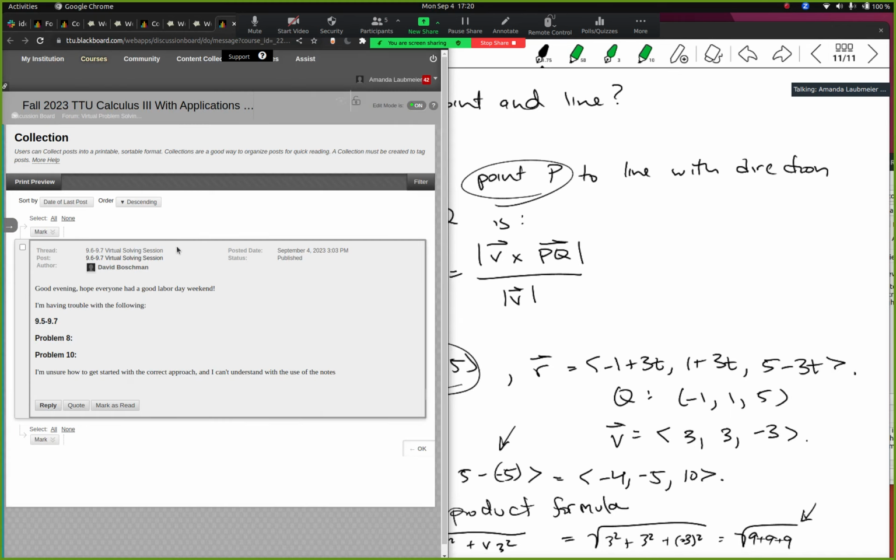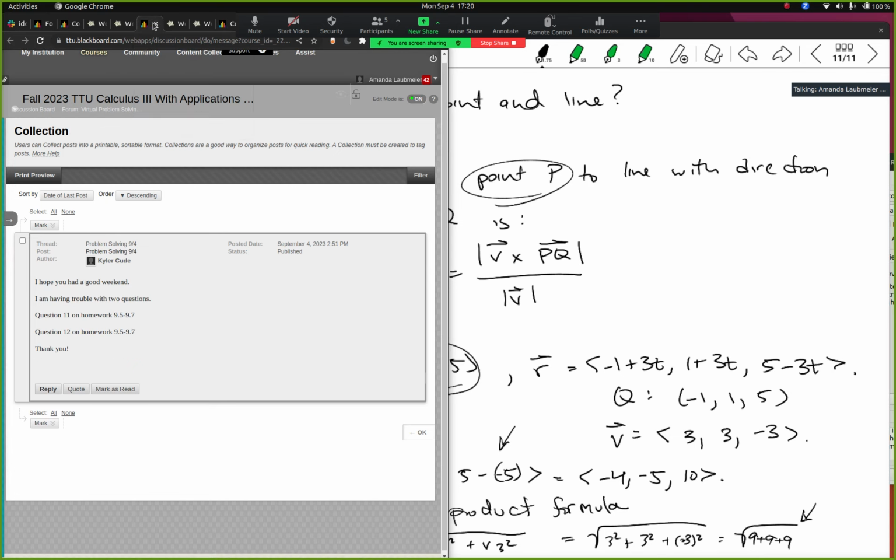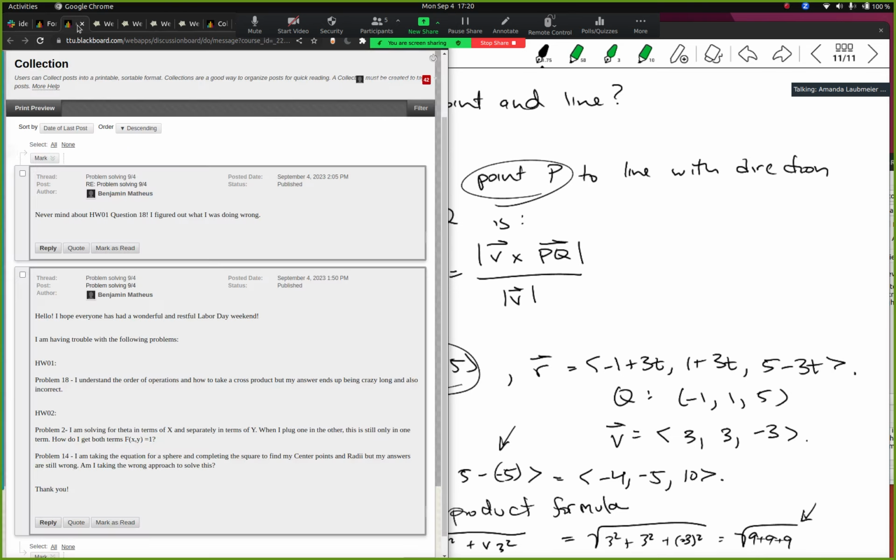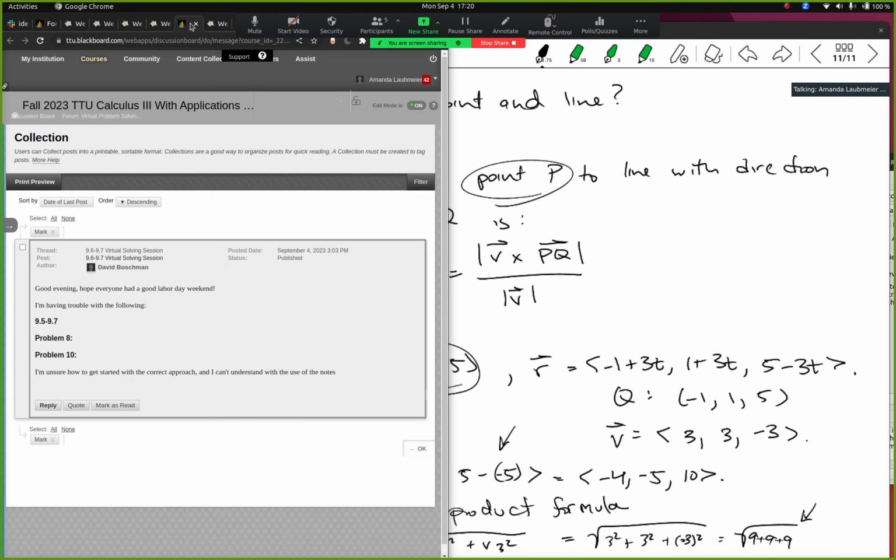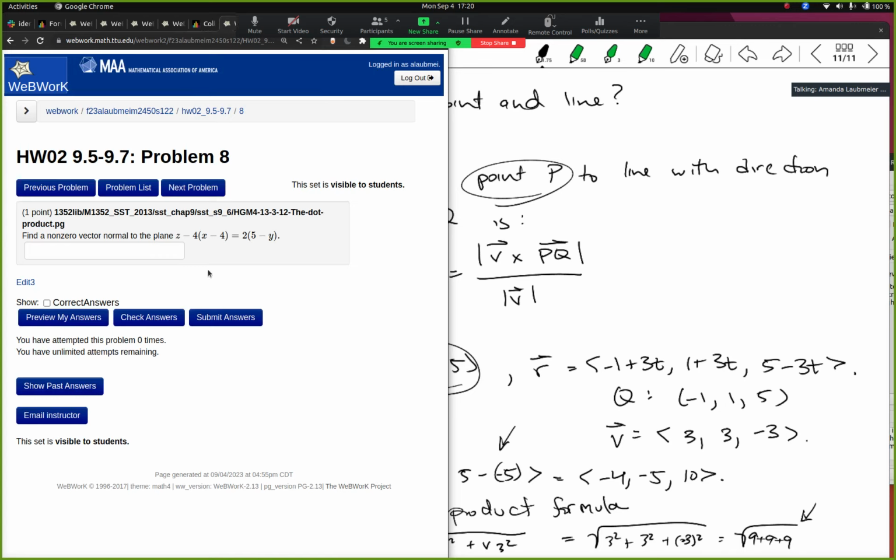Next up, David posted asking questions about problem 8 and 10. I'm just closing some tabs so I can actually see the webwork tab that I opened. Problem 8 and 10, again on that homework too. So problem 8 is find a non-zero vector normal to the plane.